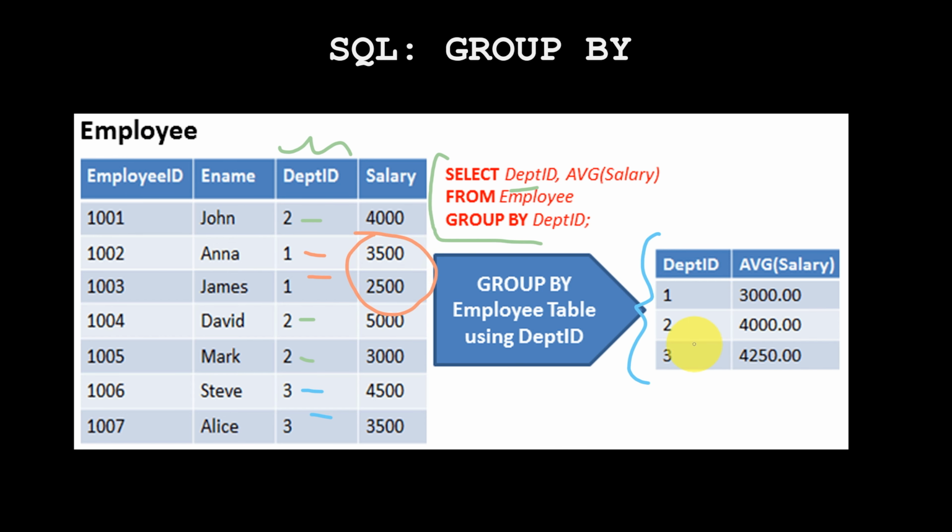For department ID 2, you average 3,000, 4,000, and 4,500, which yields 4,000. Lastly, for department number 3, you average these 2 numbers, which yields 4,250.